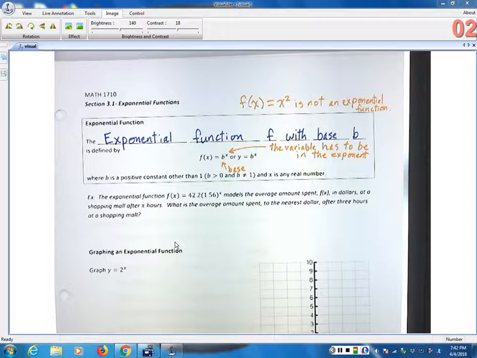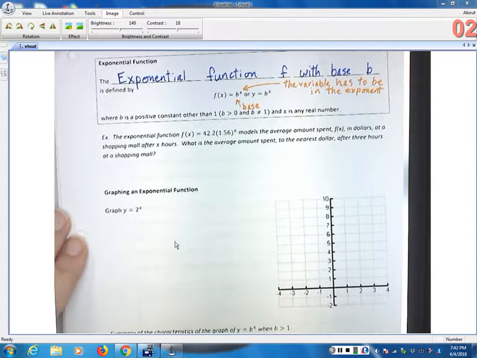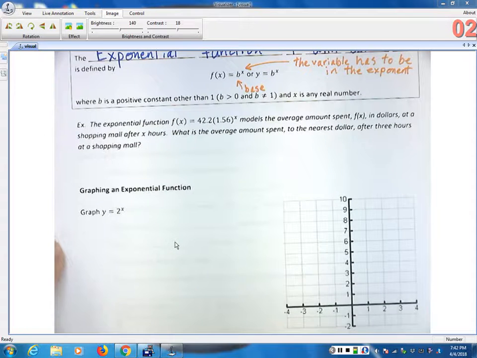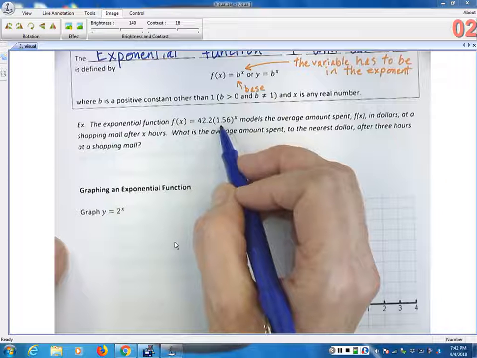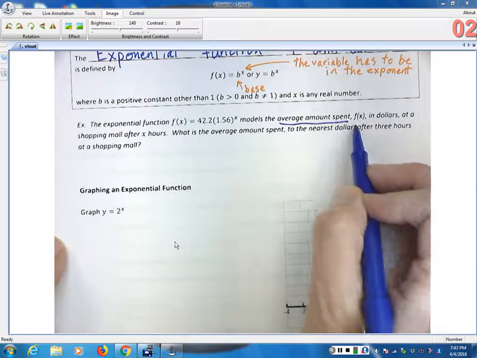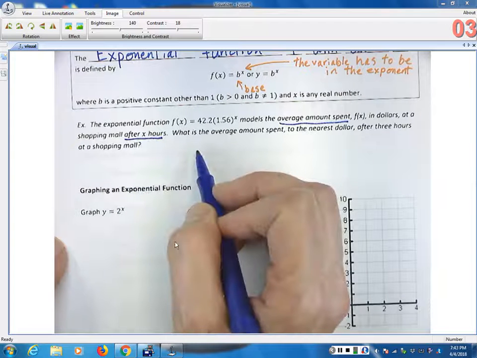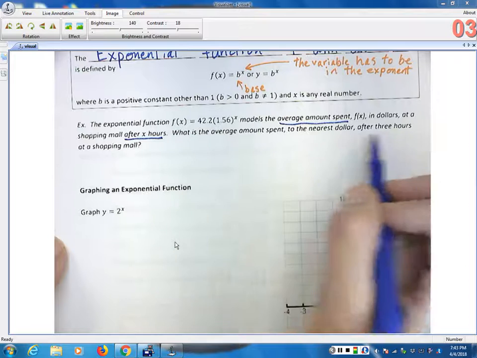Okay, so here's an example of an exponential function. The exponential function, f of x equals 42.2 times 1.56 to the x, models the average amount spent in dollars at a shopping mall after x hours. So what is the average amount spent to the nearest dollar after 3 hours at the shopping mall?